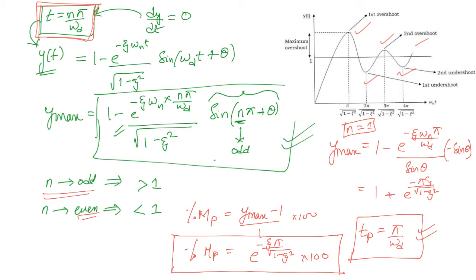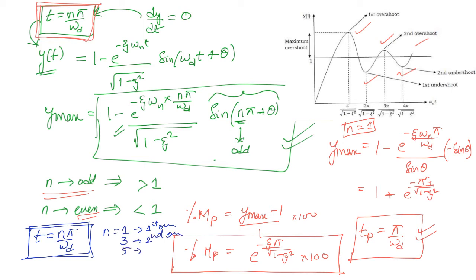We know t is equal to n pi by omega d, and for odd values of n, we have overshoots. So for n is equal to 1, we have the first overshoot. For n is equal to 3, we have the second overshoot. And for n is equal to 5, we will have the third overshoot, and so on.